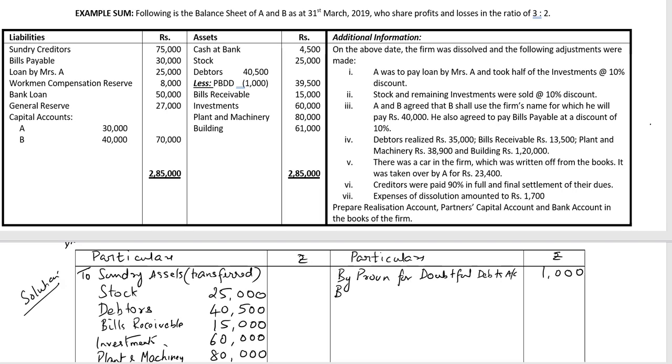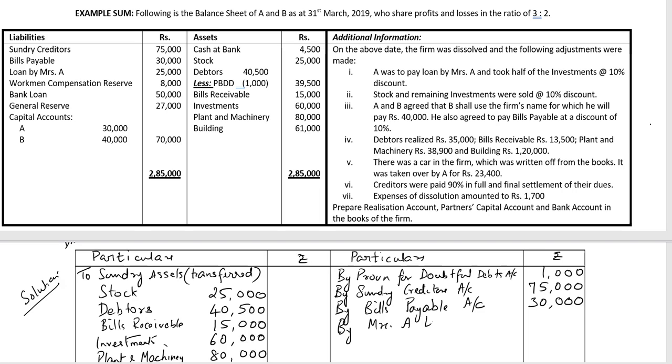We'll transfer the external liabilities by sundry creditors account 75,000 rupees, by bills payable account ₹30,000, by Mrs. A's loan account ₹25,000.